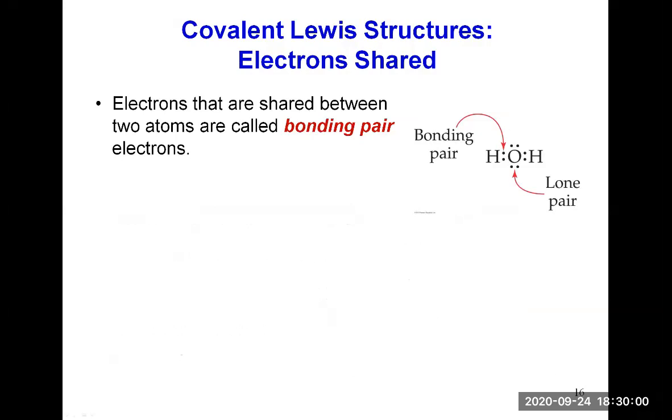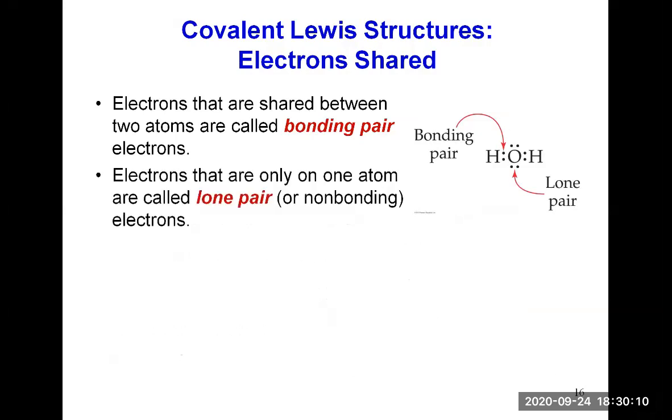So let's make sure the vocabulary is done. Electrons that are shared between 2 atoms are called bonding pairs. So we call these bonding pairs. Electrons that are only on 1 atom are called lone pairs, or sometimes non-bonding electrons. But lone pairs is easier to say, so I will always use lone pairs for non-bonding electrons.